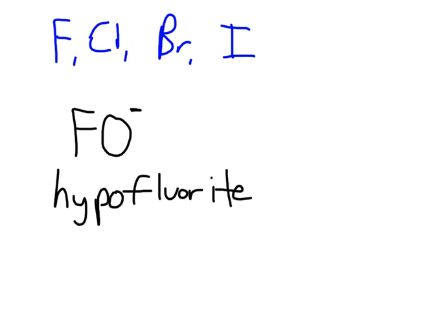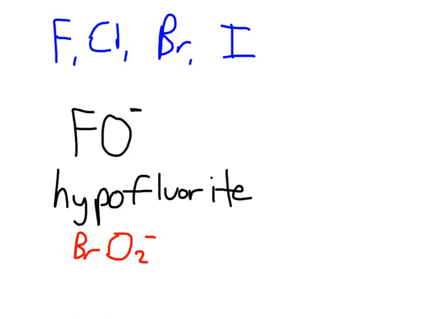And that would be the same case. If we had chlorine, it would be hypochlorite. Bromine, hypobromite, and iodine, hypoiodite. If you have 2 oxygen, and again, 1 negative.